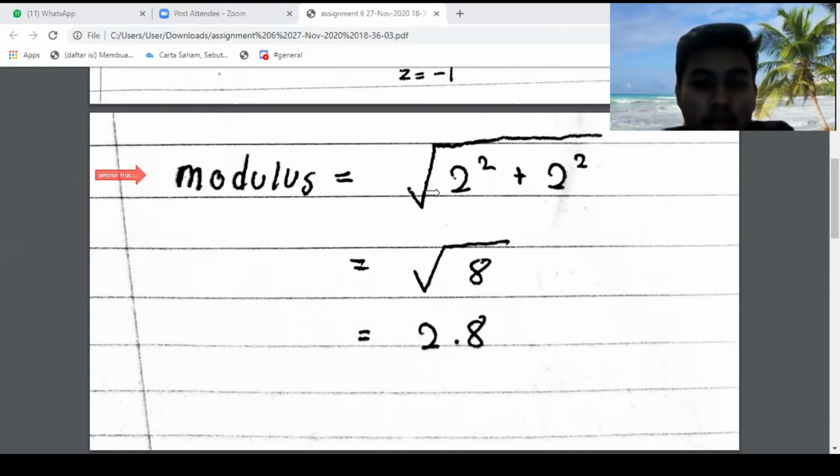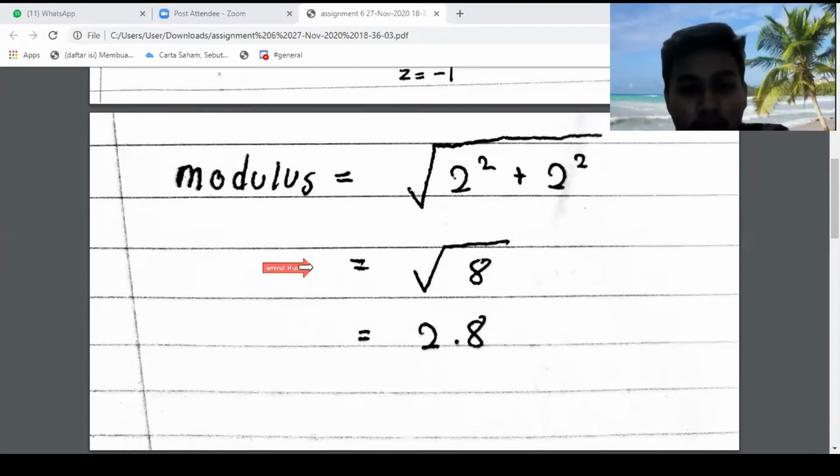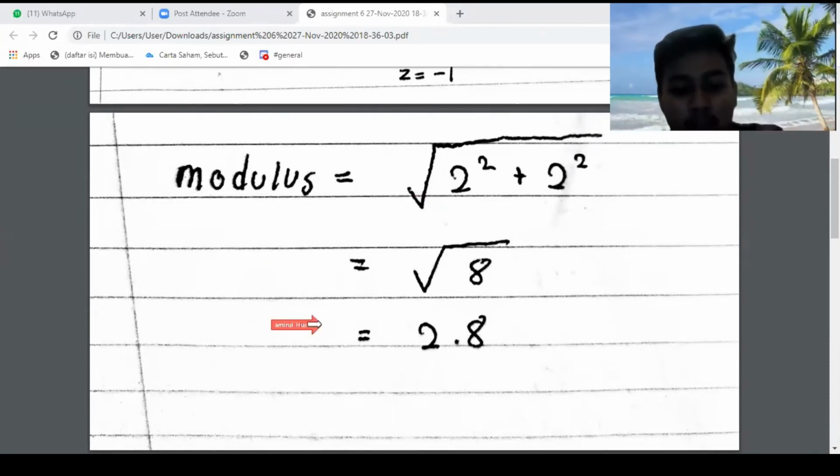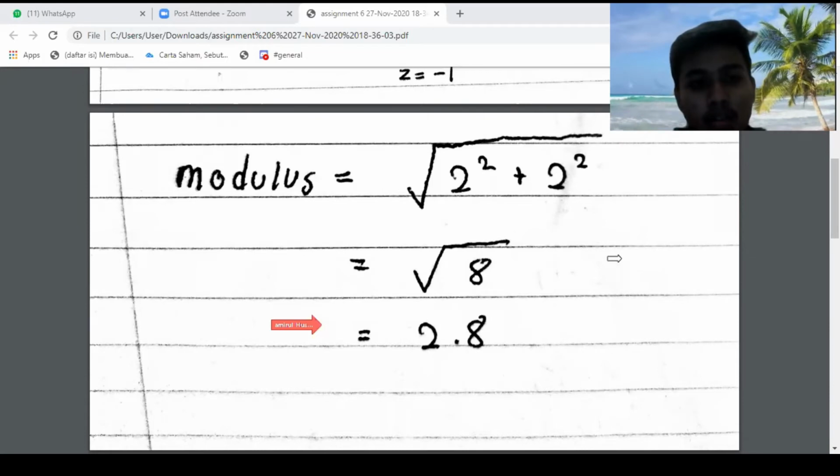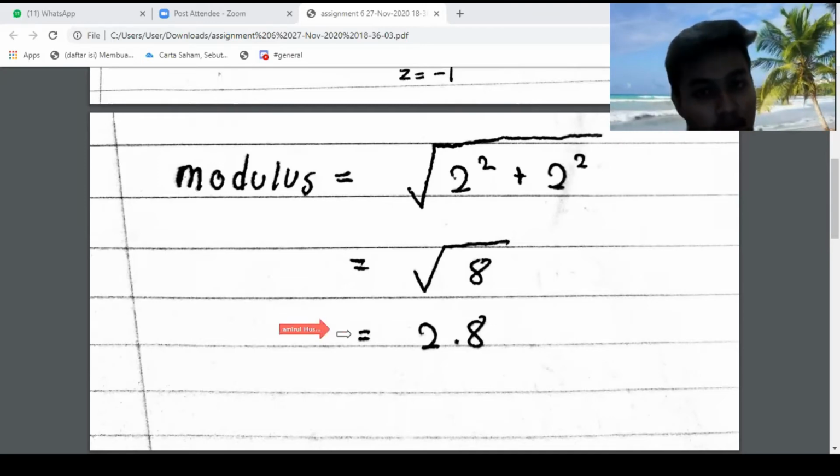This value we get from x equals 2 and y equals 2, and we get the square root, which is 2.8. Because the singularities of this function are 0 and negative 1, which are inside the modulus 2.8, we need to calculate the residue of each singularity.